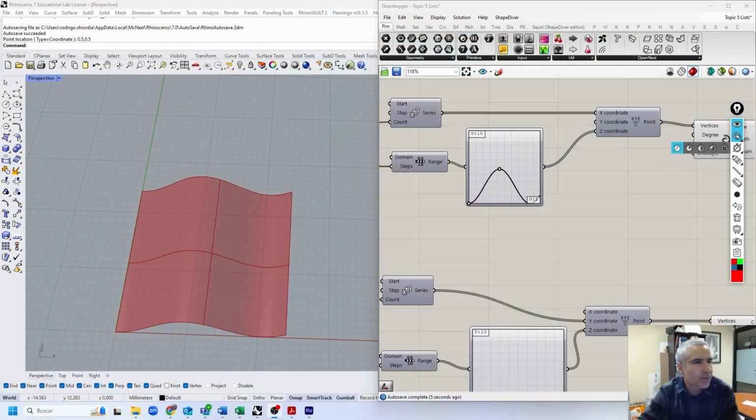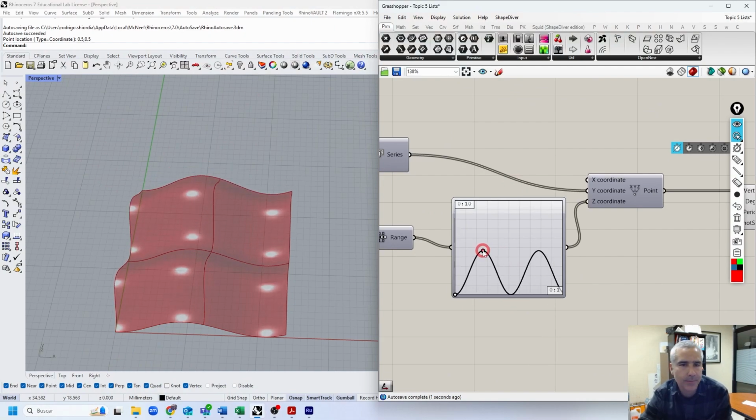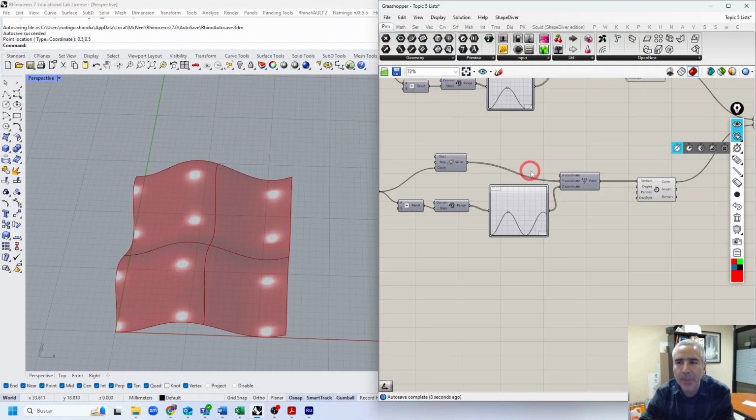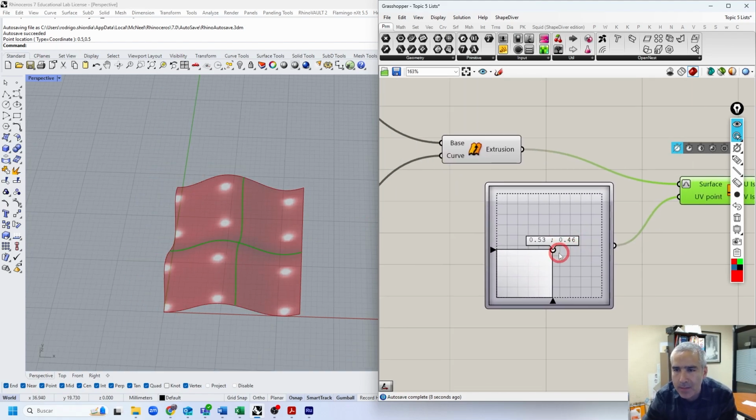And that's the analogy to understand NURBS surfaces. NURBS surfaces are objects that allow us to deform them using control points and different tools, but they will always have this domain, and they will always have isocurves.